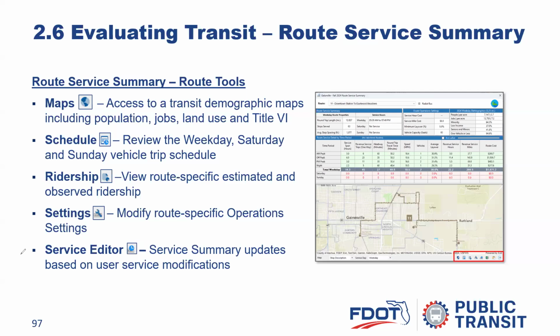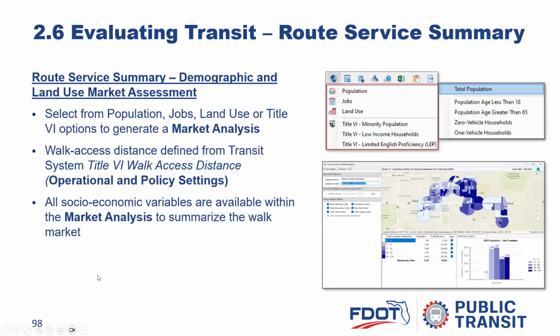Okay. So here is just the drop down for the map where you can get to the population, jobs, and you can go directly to this market analysis for the route, where it uses the default parameters for the Title VI walk access distance.